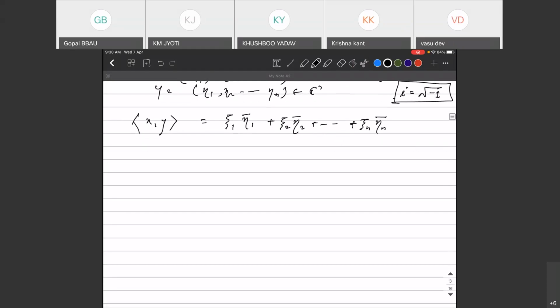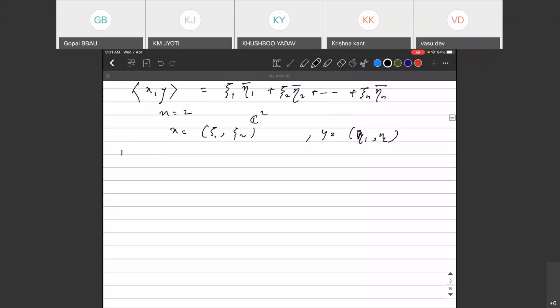So consider, for simplicity, n equal to 2. We will be in C2. Take x equal to (xi1, xi2), y equal to (eta1, eta2), and one more, z equal to (zeta1, zeta2).